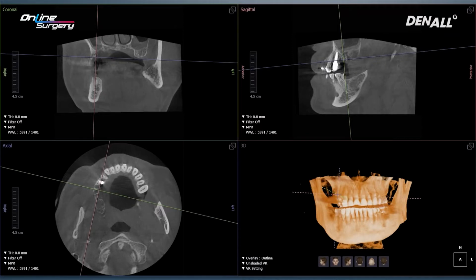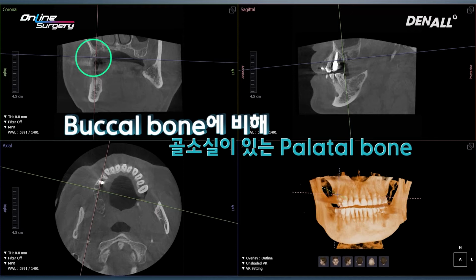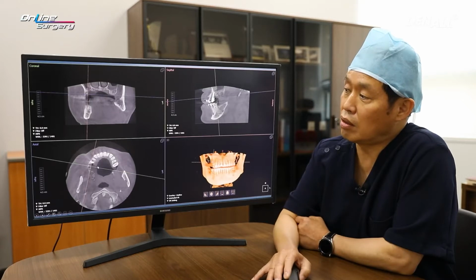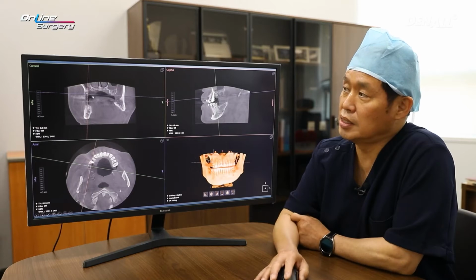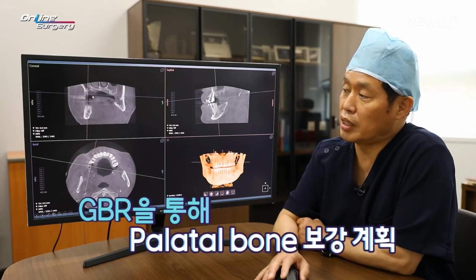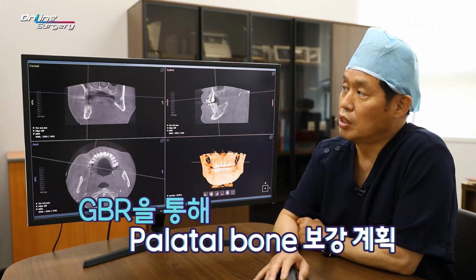Let's look at the CT on number 16 on the buccal side. There's a lot of residual bone. I think when extraction was done in the past on the palatal root, there might have been a very severe lesion. Palatal bone has been lost a lot on CT. I decided to place the implant around the buccal bone, and on the palatal side, bone graft and GBR were planned to augment palatal bone.